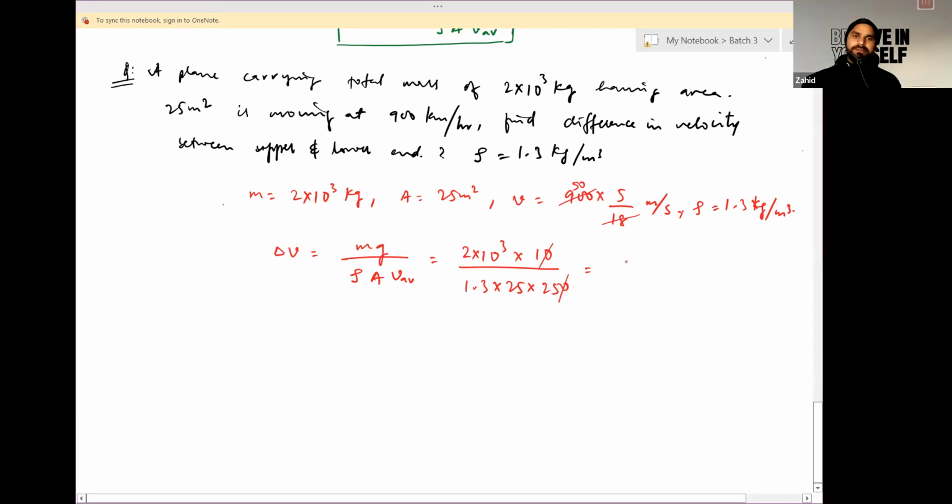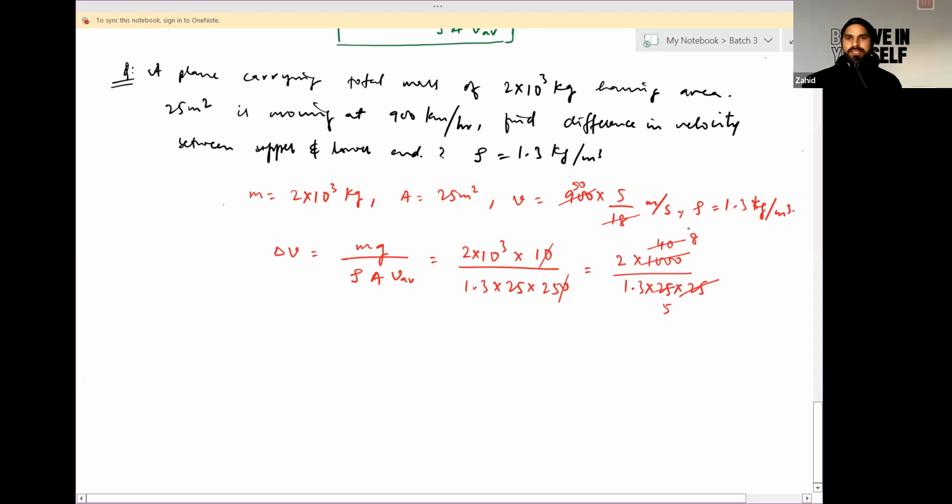You can write 25 and 4 times 5 8s and 5 5s.